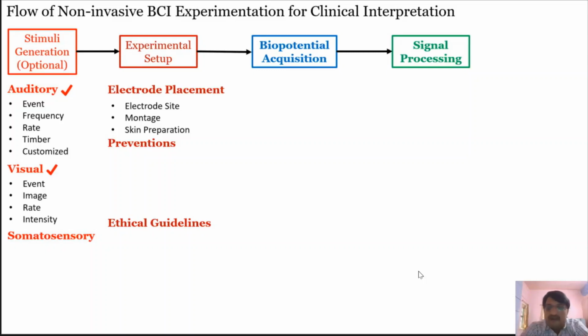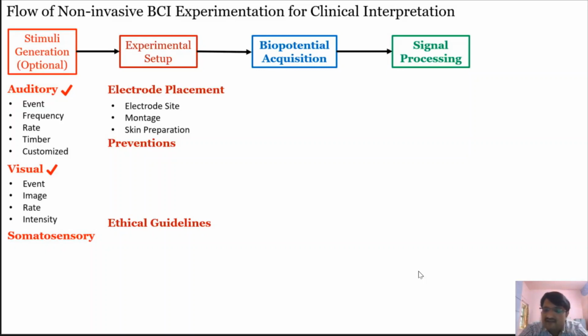Now, montage is a way to acquire different biopotentials based on your electrodes. If you directly take the recordings from your electrode, it is like taking a monopolar value. If you refer a particular value to some other electrode, it's called a reference montage.